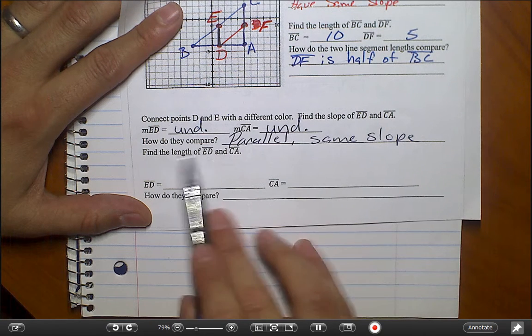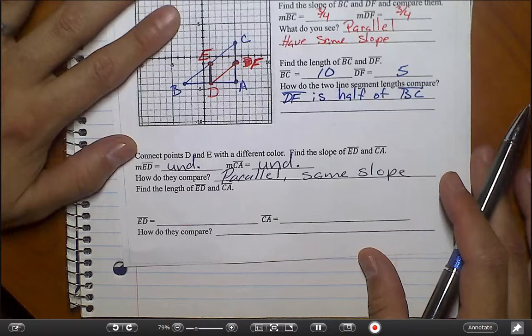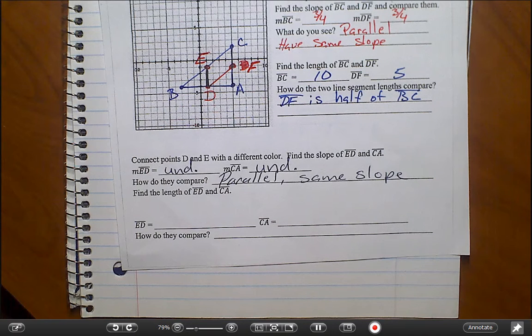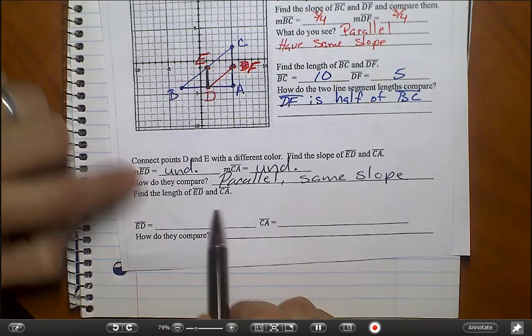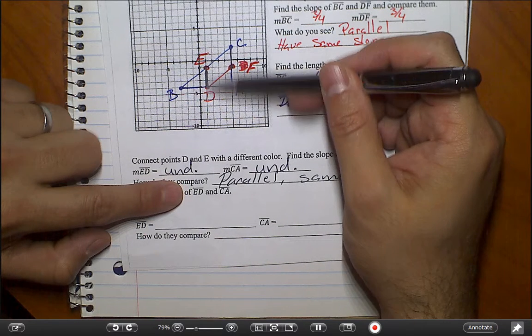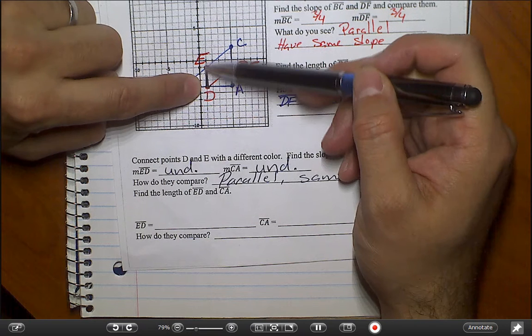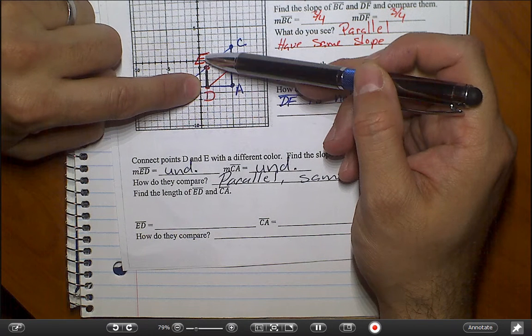Alright, find the length of ED and CA. Now, I'm going to show you guys the easy way to do this. I showed you guys the harder way, which works all the time. I'm going to show you the easy way that only works sometimes. Now, for this right here, ED, does it stay on one of my grid lines? Yes, it's right along the line, isn't it?